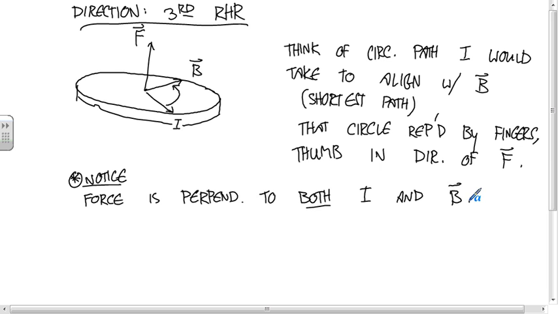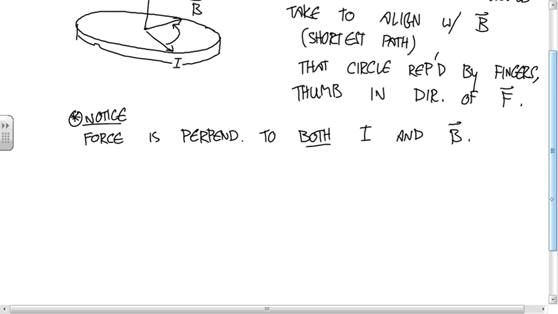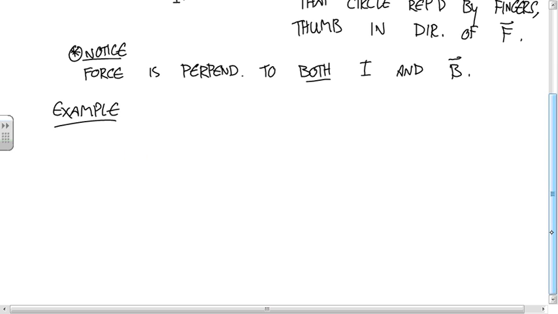Okay, let's do a calculation. So let's start with one where we know the value of the magnetic field vectors. So say that they're pointing to the right with a magnitude of 0.1 Tesla. Okay.